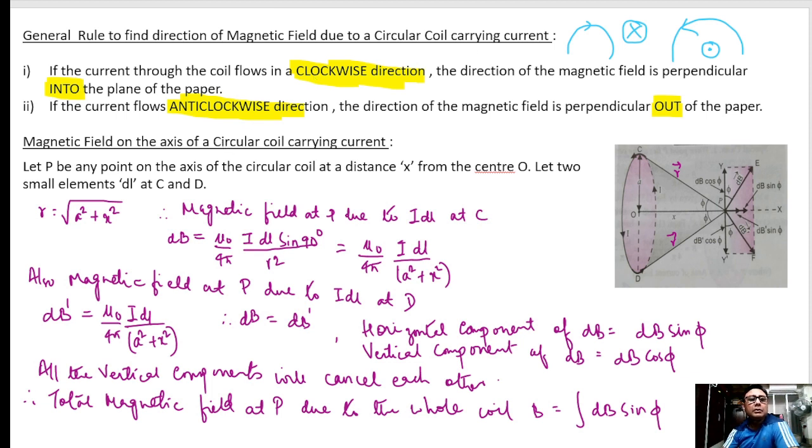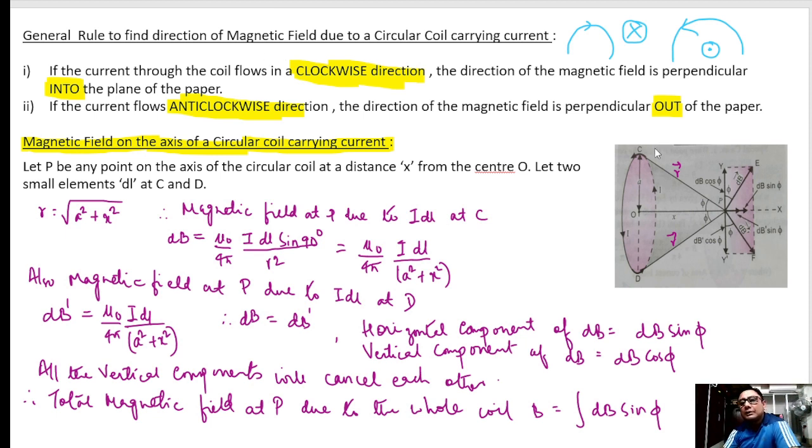Now we want to find out the magnetic field on the axis of a circular coil carrying current. So please watch here.